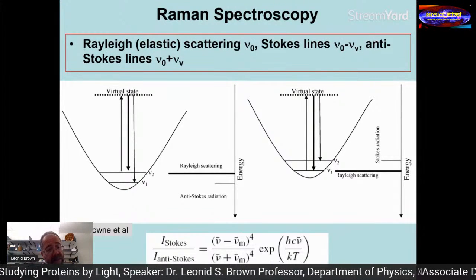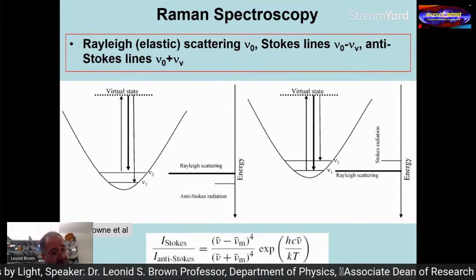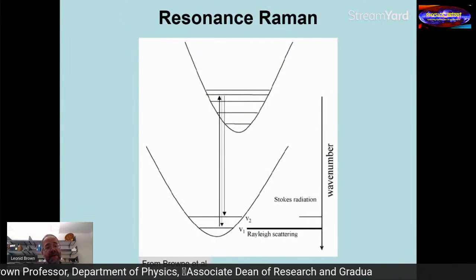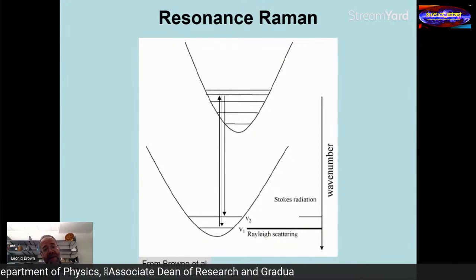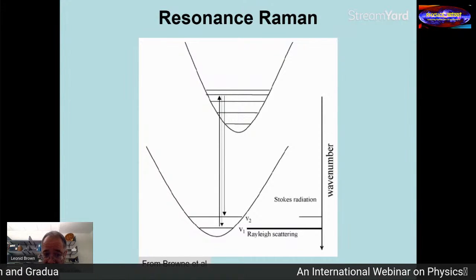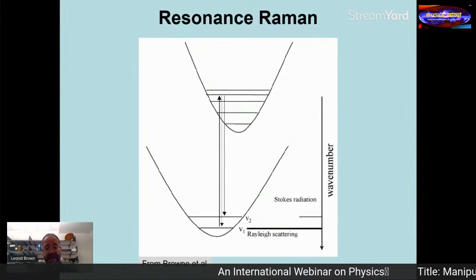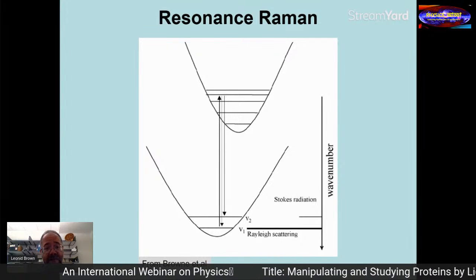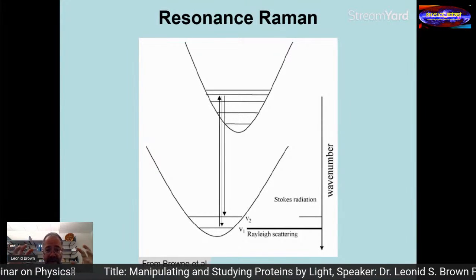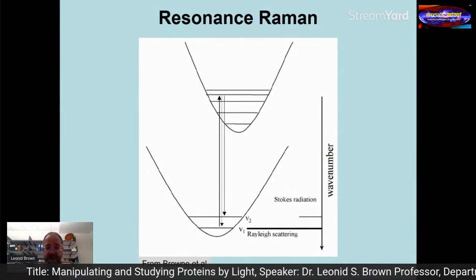More interestingly and more importantly for our proteins, there is also such an effect as resonance Raman. Resonance Raman is when you have electronic excitation, and when it relaxes, the probability of Raman process increases dramatically. What does it mean? Imagine I have a large protein and I have a retinal chromophore which absorbs light.